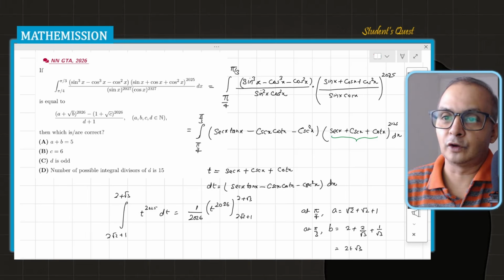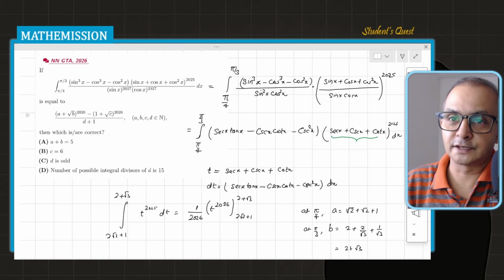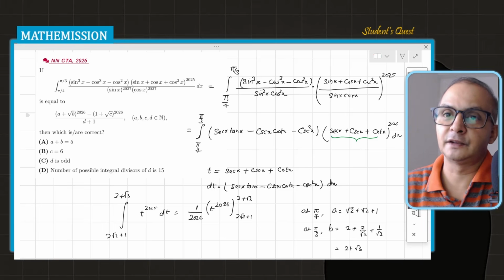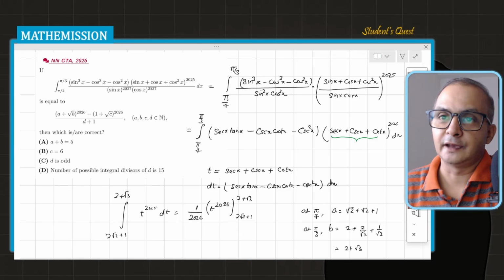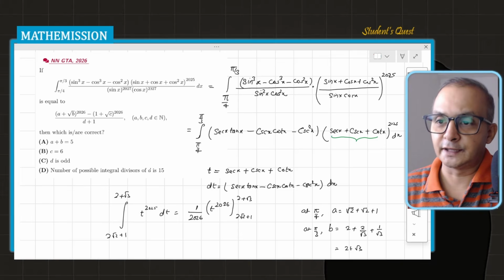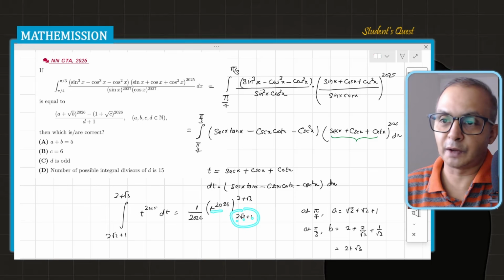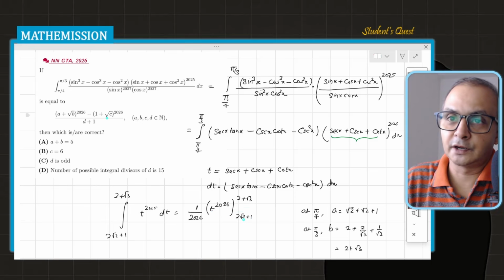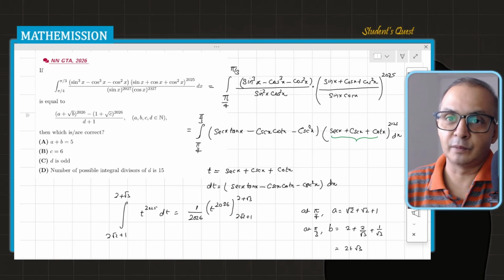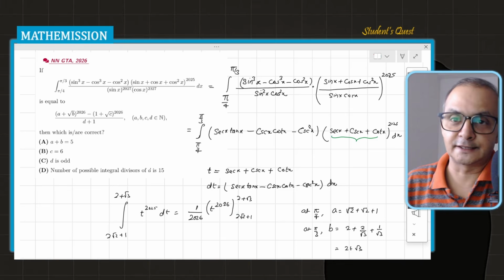So the value of d, because the denominator is 2026, so d will become 2025, and similarly we compare all those things and we get the answer. One thing I want to say is that if you substitute this bound here, 1 plus 2 root 2, it will turn into 1 plus 2 root 2 to the power 2026, but here it is root c, so 2 root 2 you can write as root 8. So root 8 means root c, so c can be compared as 8, not 6.